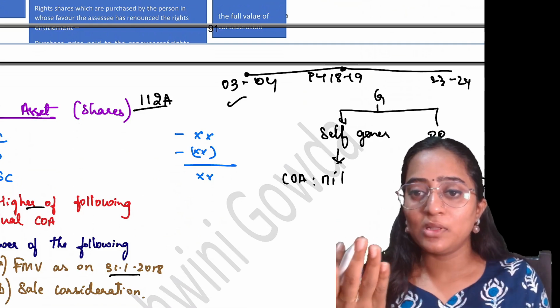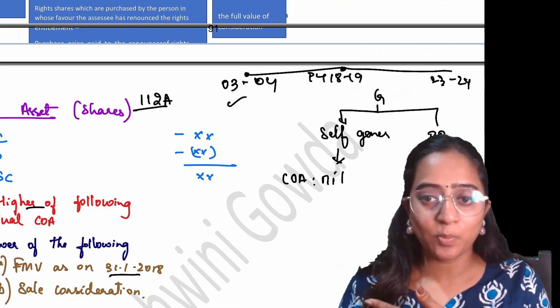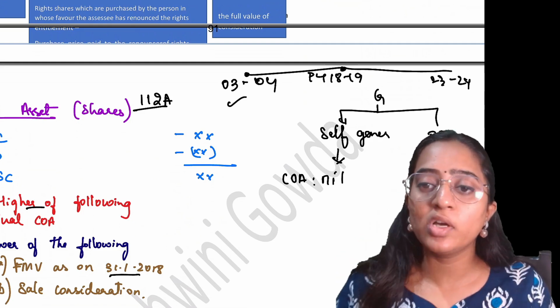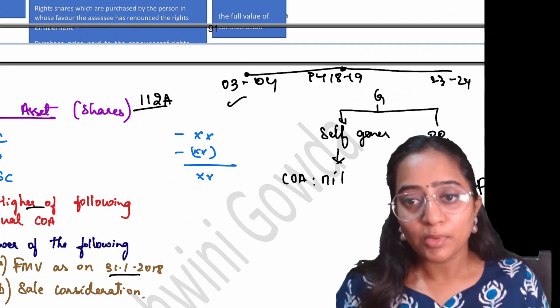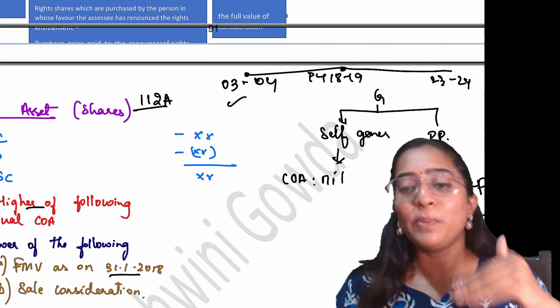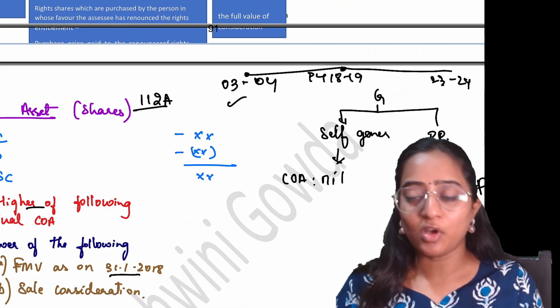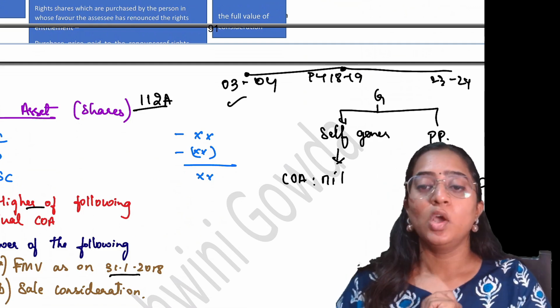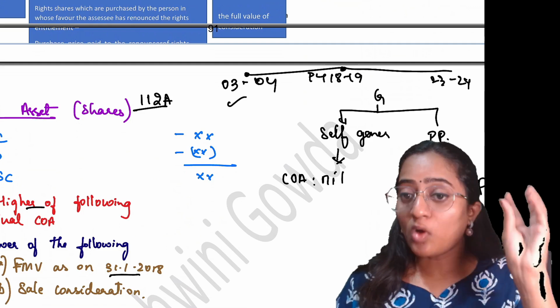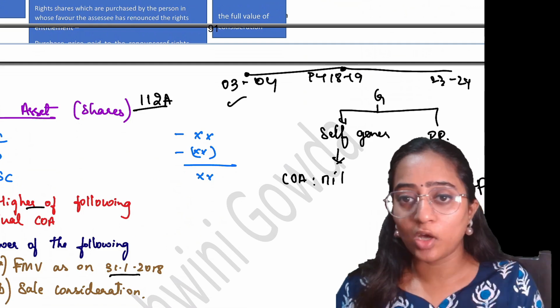Because ideally, think, the property got transferred in your name by your parents. Your parents wouldn't collect any money from you, so your actual money moving out of your pocket is nil. But your parents have incurred the cost. So whosoever is the previous owner and has incurred the cost, that cost of acquisition becomes your cost.